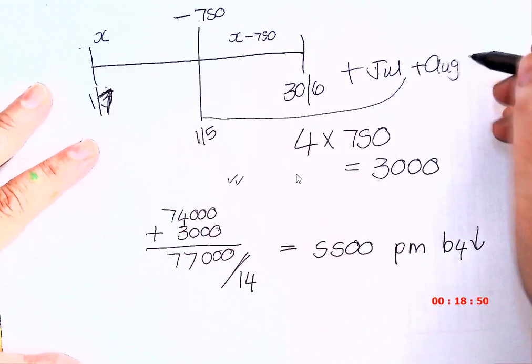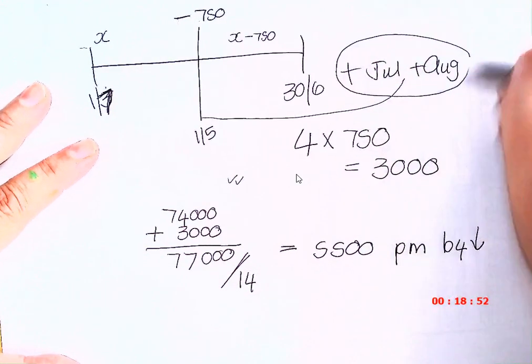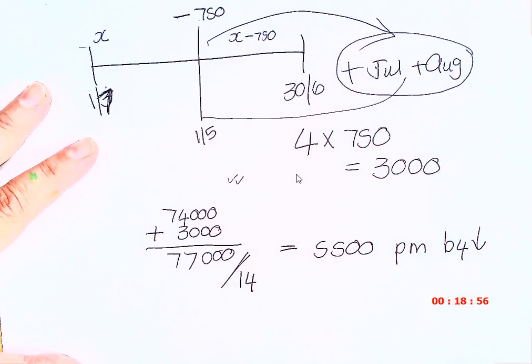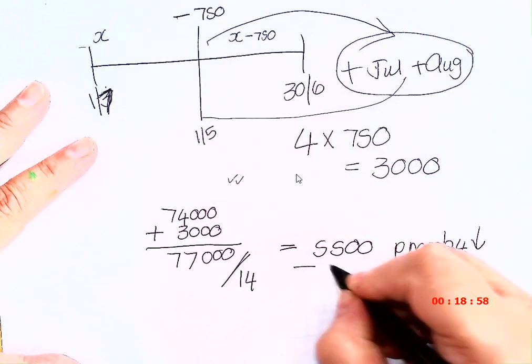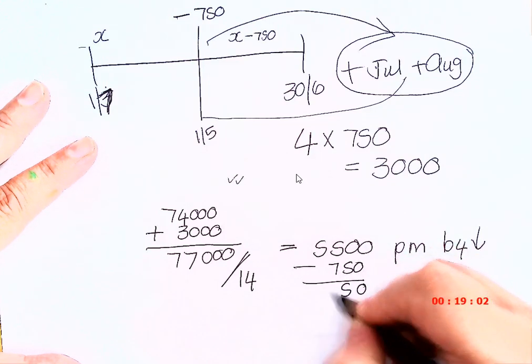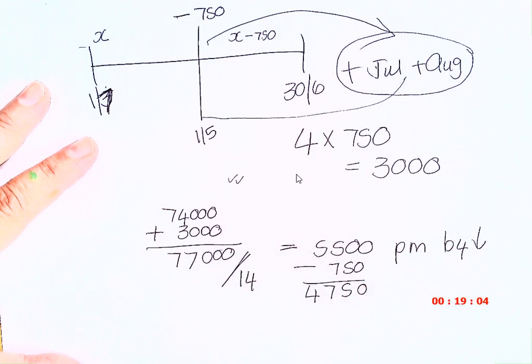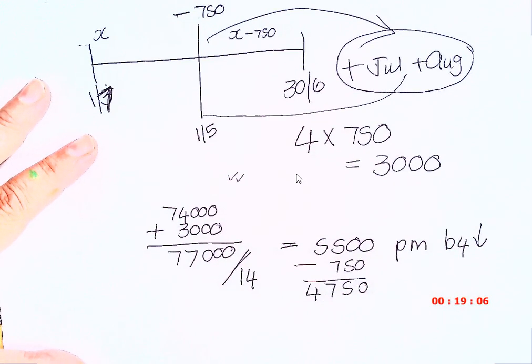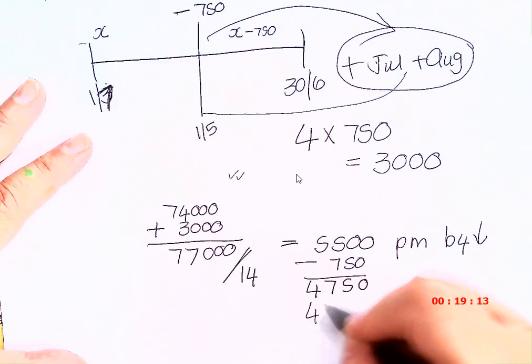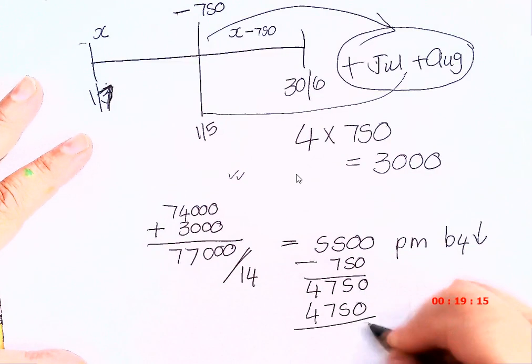Where do these 2 months that are in advance lie? In the decrease. After the decrease. So, meaning if I minus 750, it means the guys here only paid 4,750, not 5,500. How many months did they pay in advance? 2 months. So I just times it by 2.